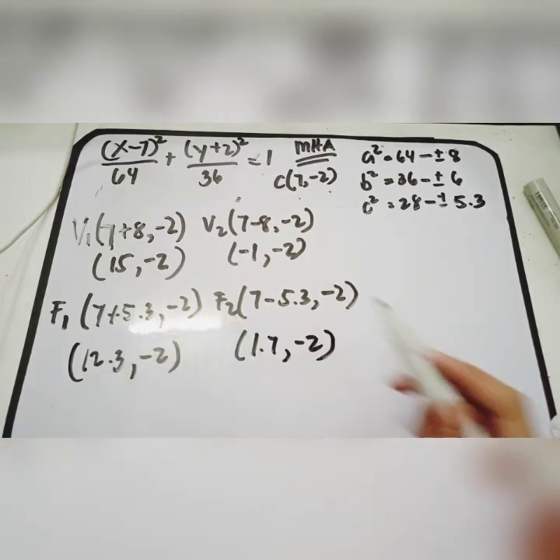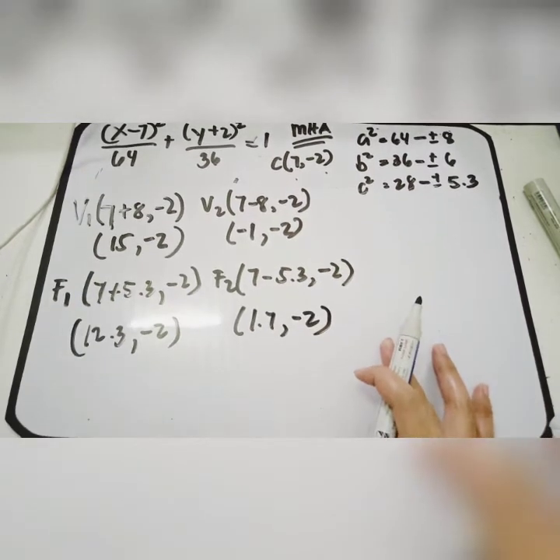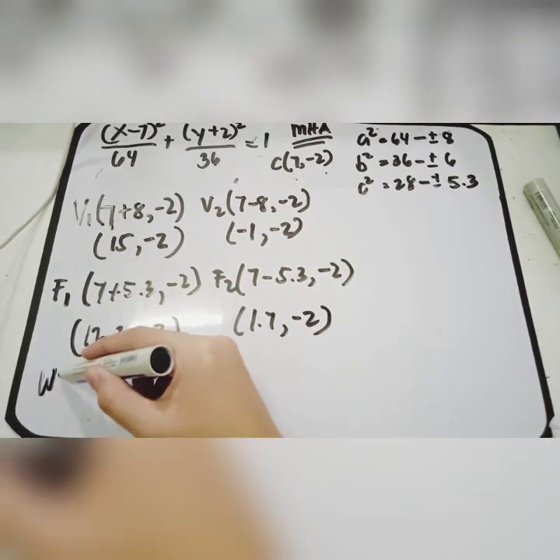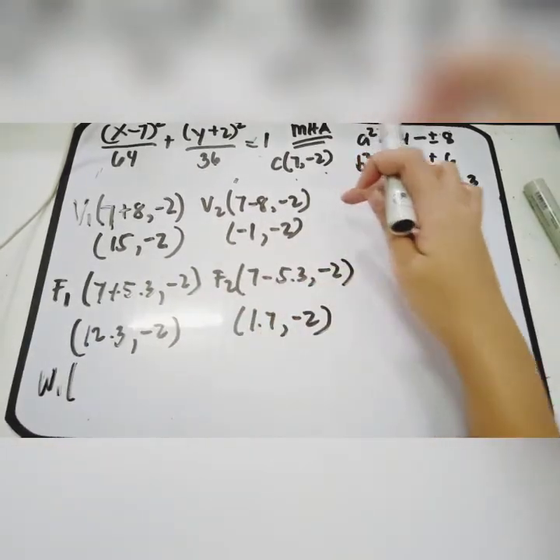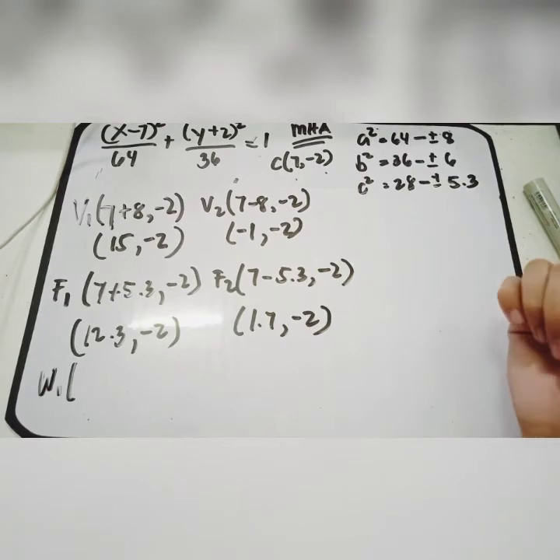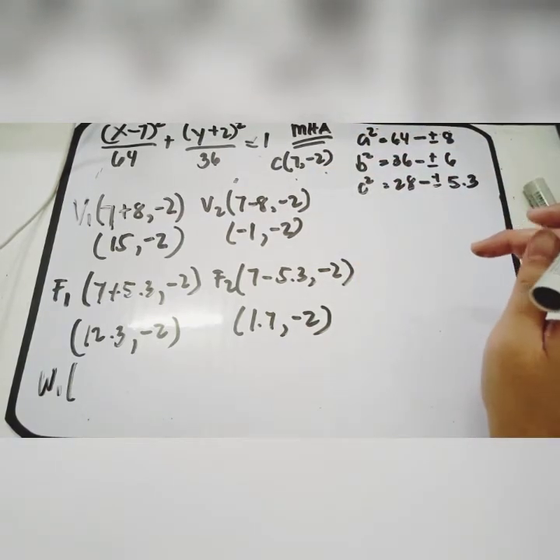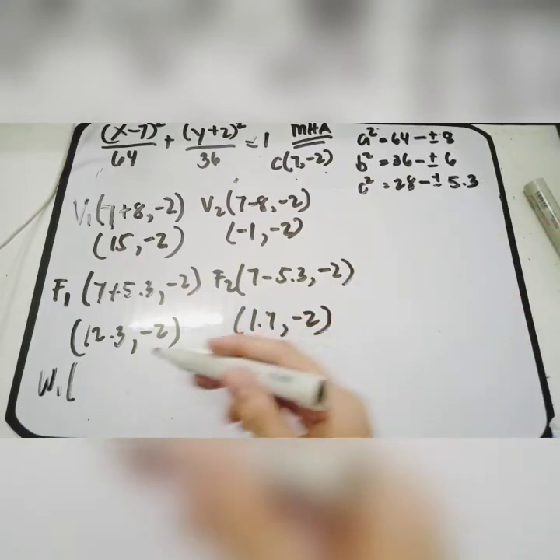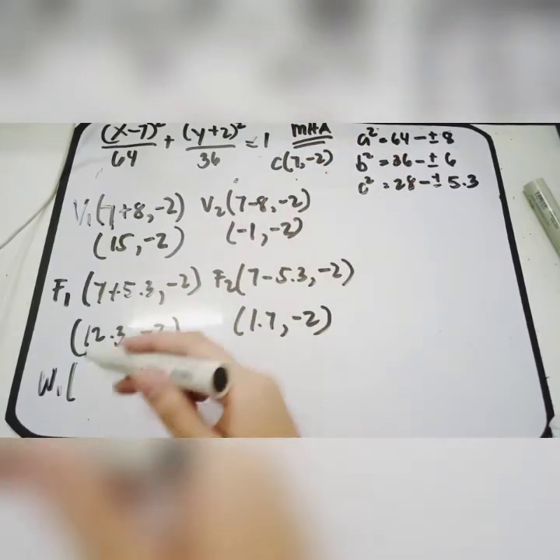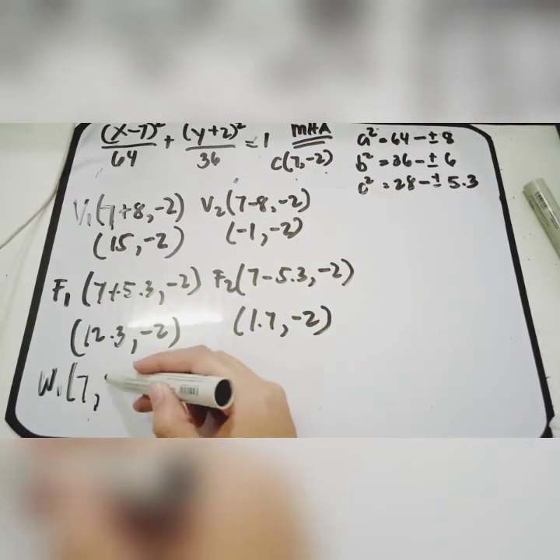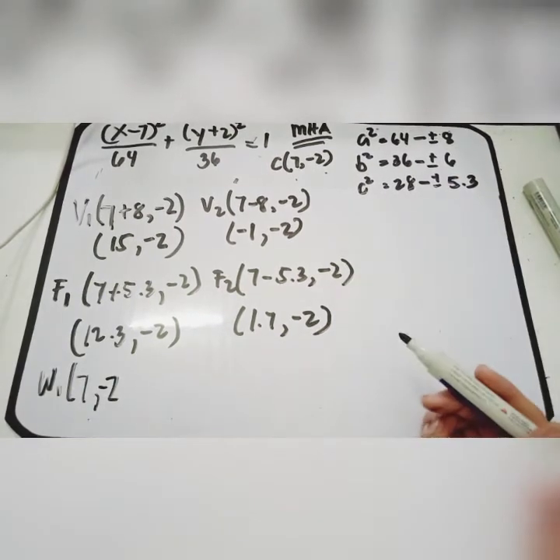So, next is the co-vertices. So, for the co-vertices, it's W1. So, co-vertices, the major is horizontal, therefore, the minor is vertical. So, dito tayo sa K magkakaroon ng addition or subtraction na operation. So, copy lang natin. So, ang hindi gagalawin natin is si H. So, copy lang natin si H. 7, negative 2. So, ano yung value ng B? Positive, negative 6.